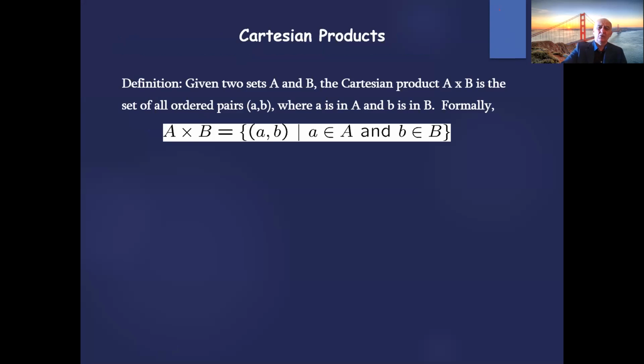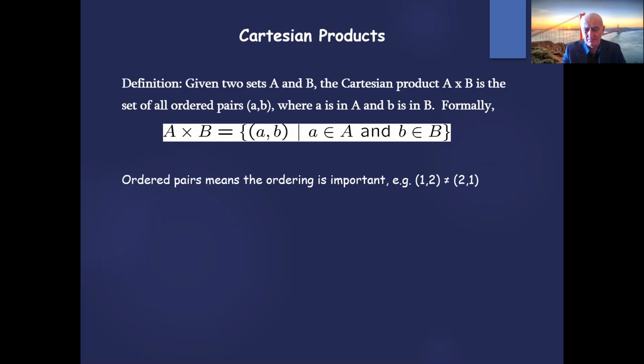Okay, now you may be familiar with this. This is the Cartesian product of 2 sets. And this is the definition. What is the Cartesian product of 2 sets? This is a set of ordered pairs. And you know what a set of ordered pairs is. We mentioned it.